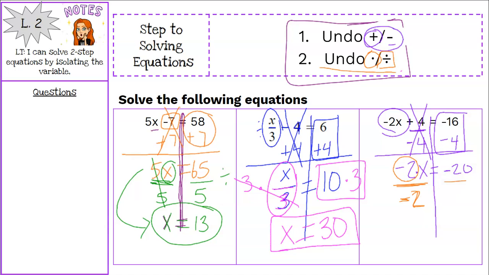If I divide by negative 2 on the left, I divide by negative 2 on the right. Negative 2 divided by negative 2 cancels out, leaving us with x equals, what's negative 20 divided by negative 2? It's going to be a positive 10. And again, if you'd like to use a calculator for that operation to check it, you are more than welcome to do that.